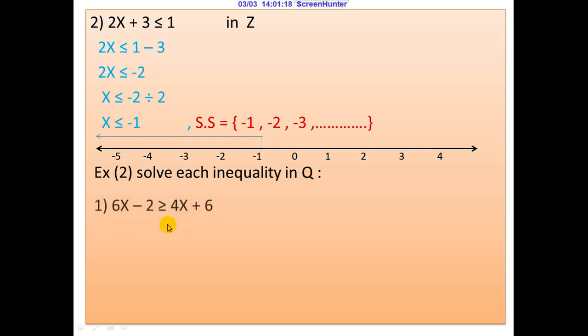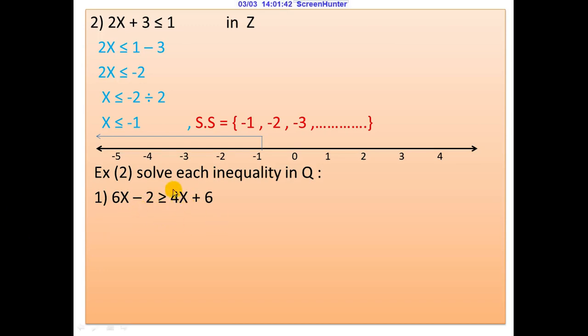Okay, and he gave me number 1: 6x minus 2 bigger than or equal to 4x plus 6. Here we have a trick, because we have x on both sides of the inequality. So first, we must put all x terms on one side and all numbers on the other side. How?